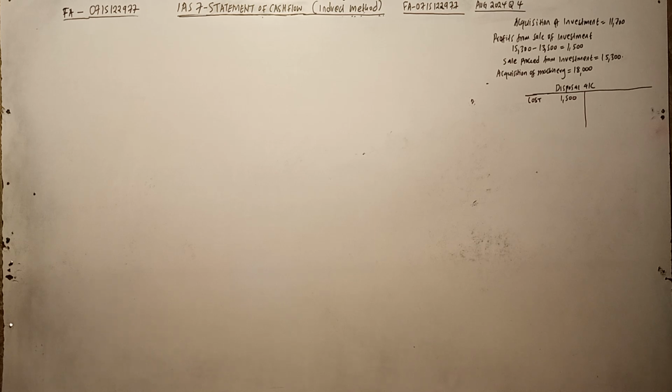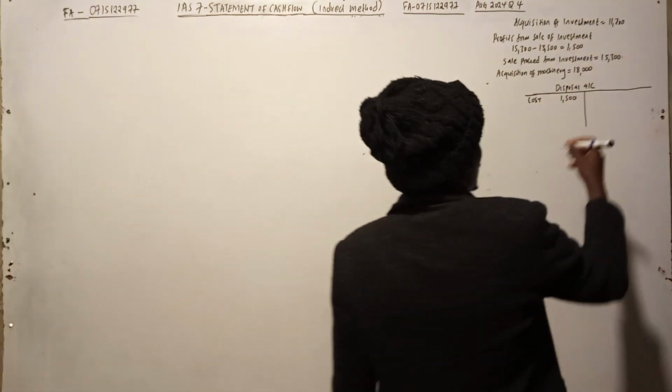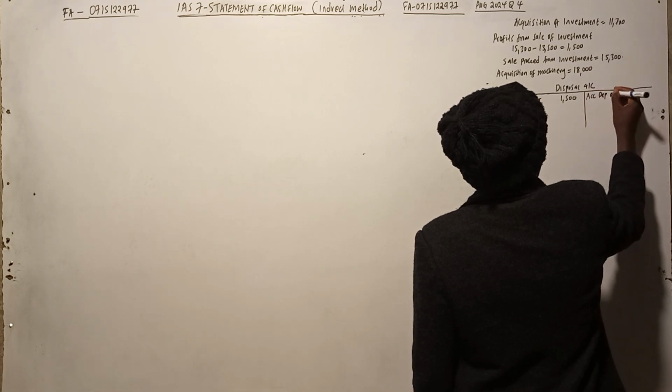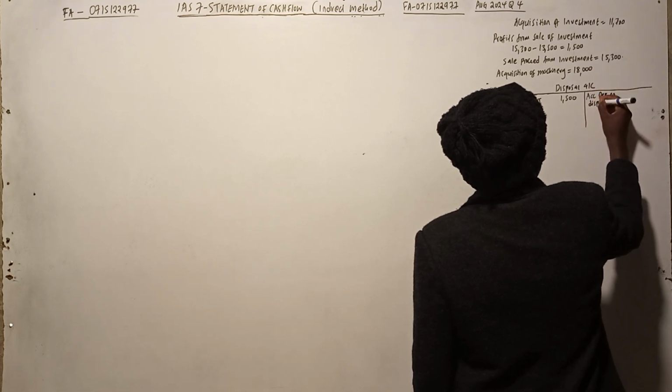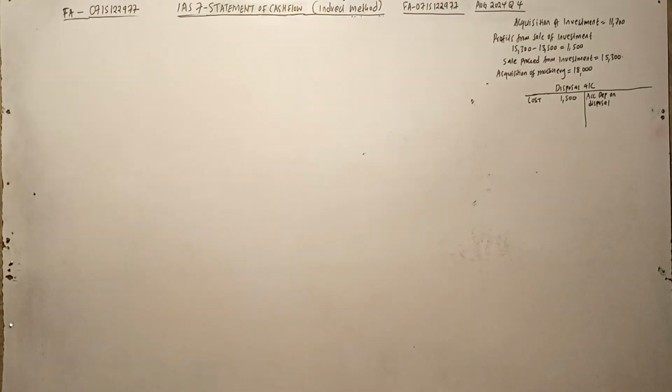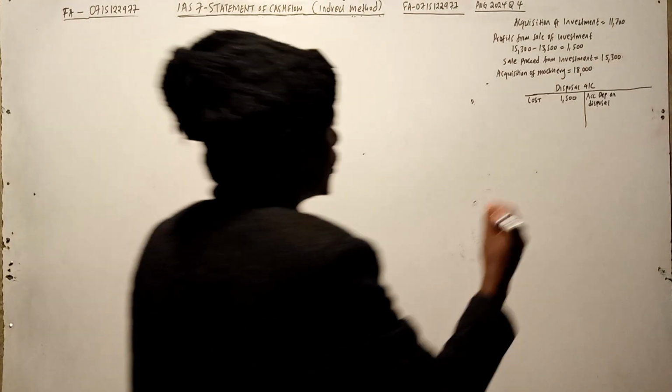What's the accumulated depreciation? Accumulated depreciation was 300,000. So we say accumulated depreciation on disposal. Amesema ni ngapi? So the accumulated depreciation was 300.